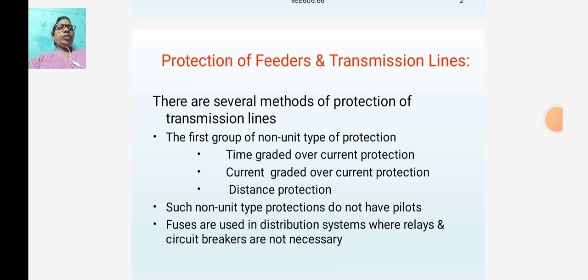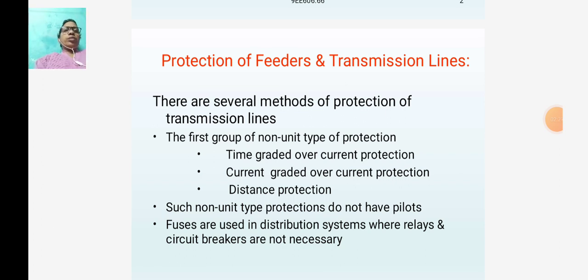Further, differential protection can be used, but it becomes too expensive for longer lines due to the greater length of pilot wires required. However, less expensive methods are available which provide effective protection to the transmission lines and feeders.